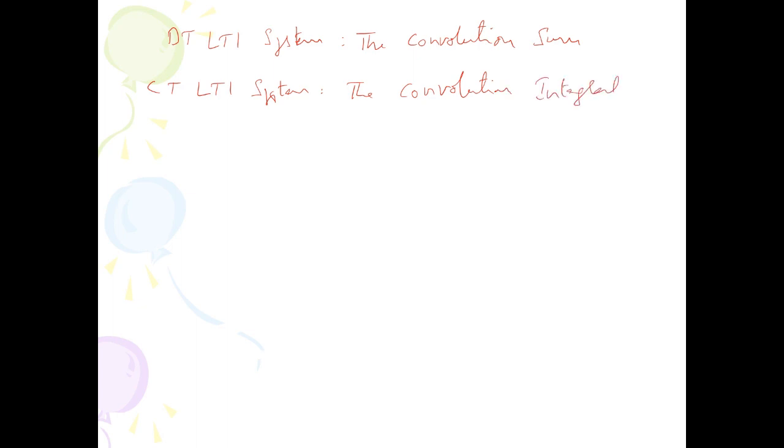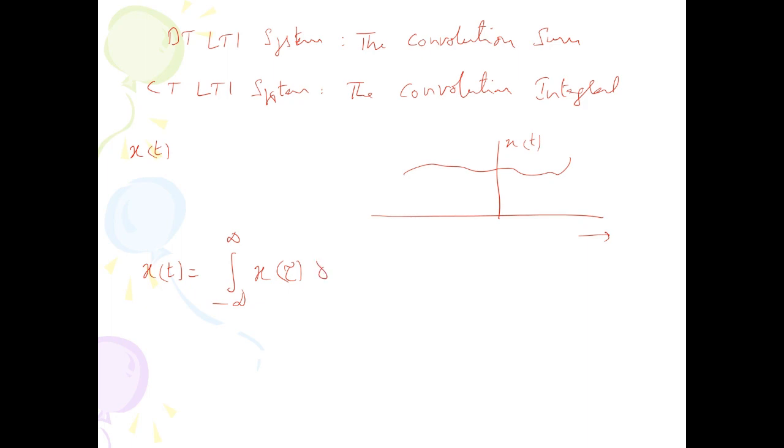So before getting to this convolution integral, let me represent x of t, any arbitrary signal, in terms of its scaled and delayed impulses. So x of t can be represented as the integral from minus infinity to plus infinity of x of tau delta of t minus tau d tau.